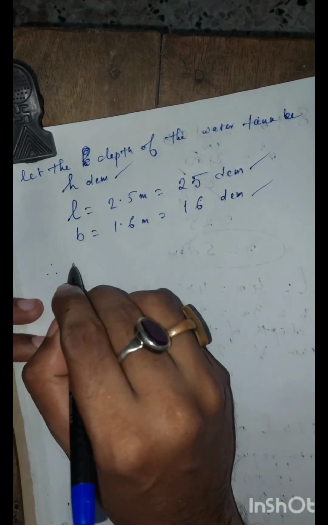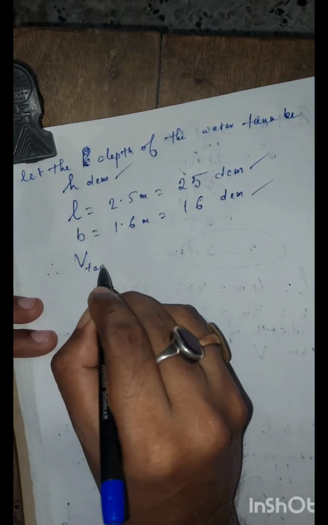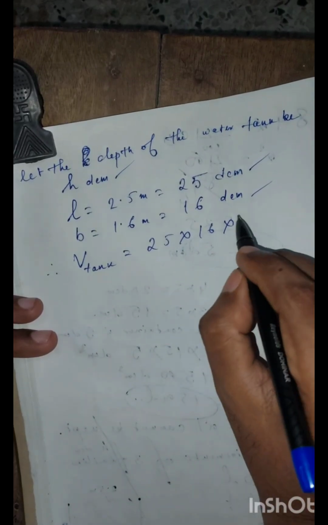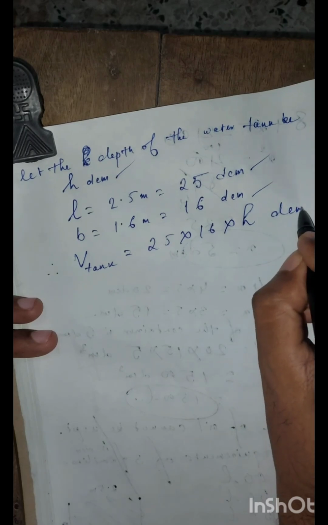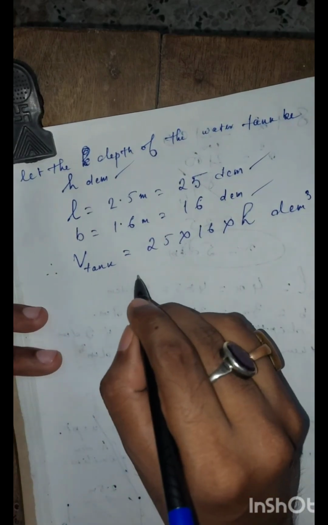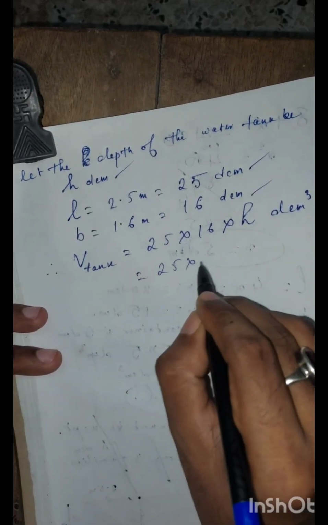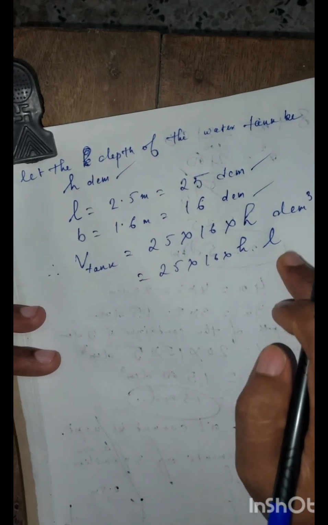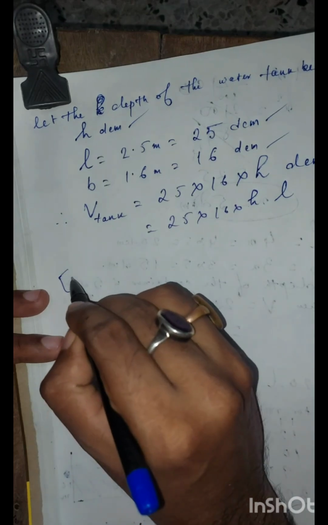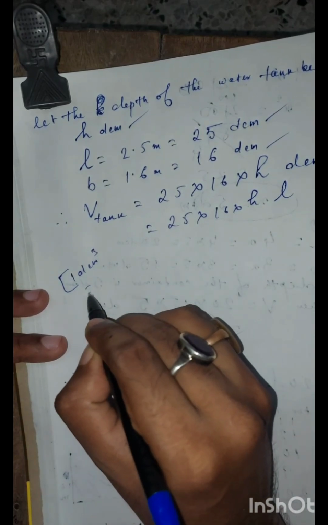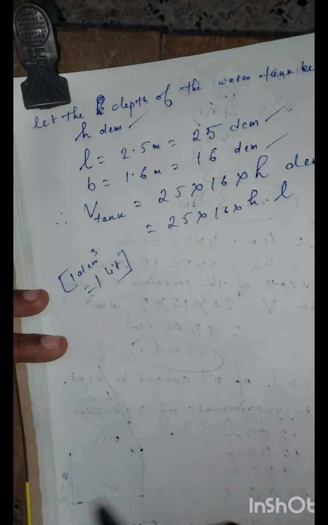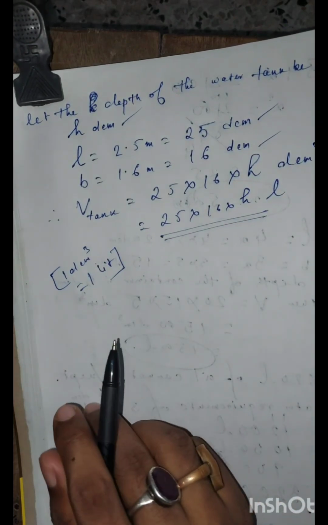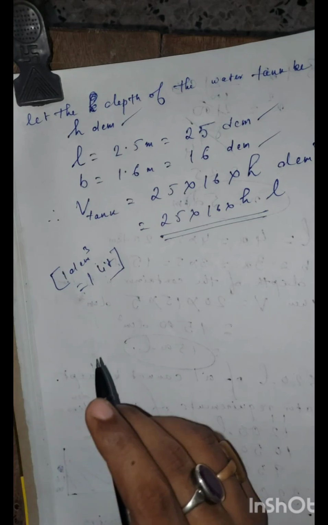Therefore volume of the tank is 25 into 16 into h dcm cube. That means 25 into 16 into h liter, because 1 decimeter cube is 1 liter. We know this. So this volume should be equal to 4000 liter of water.